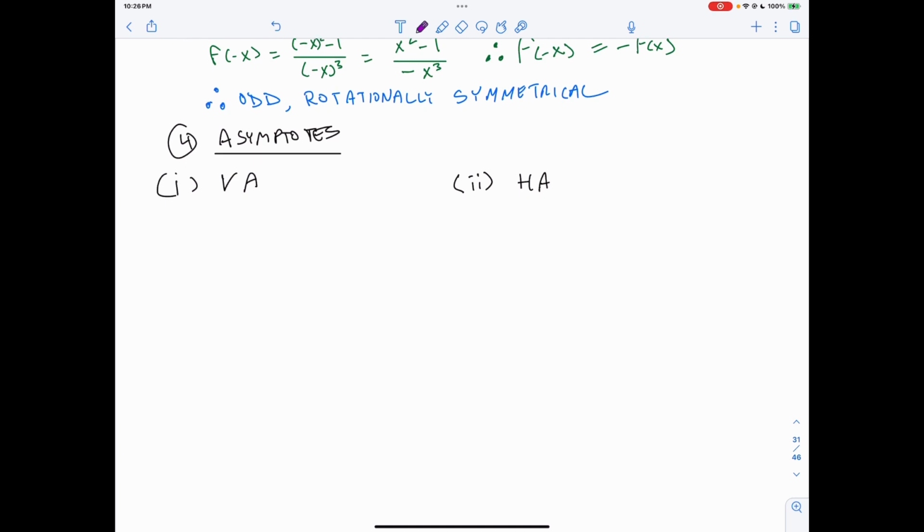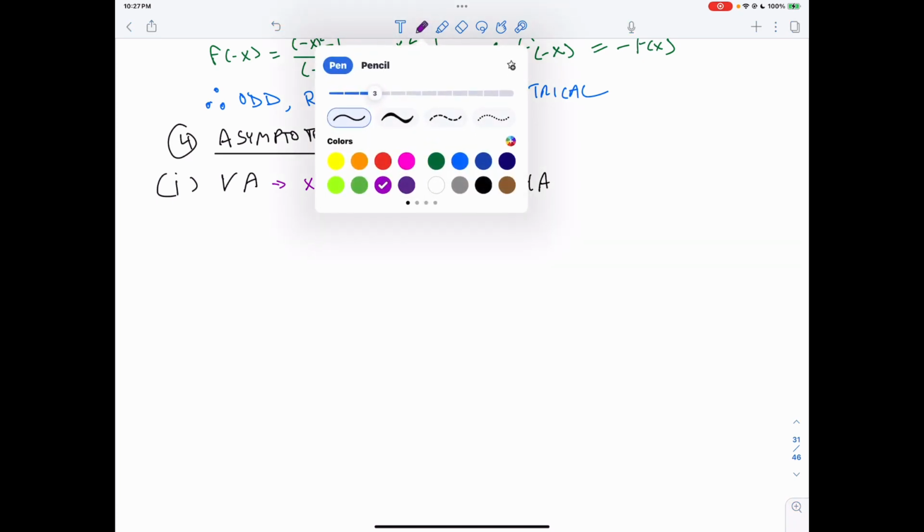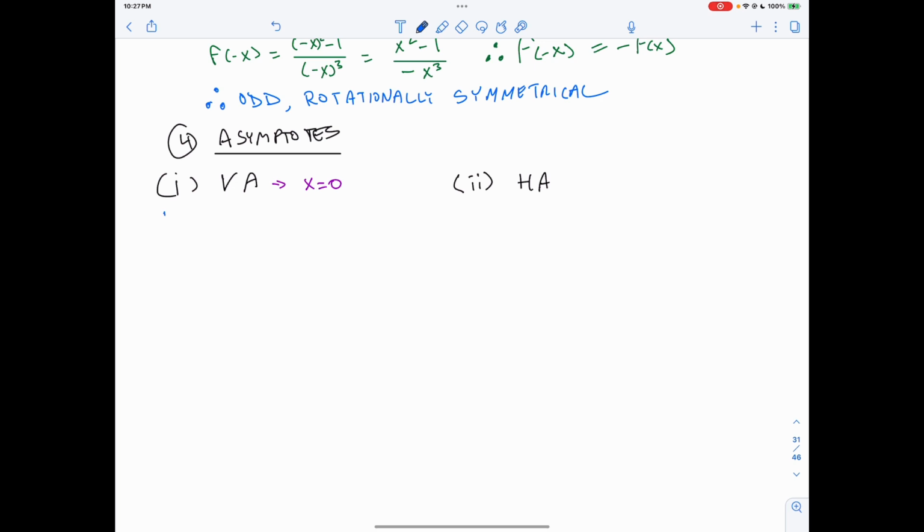The vertical asymptote, in this case, from the domain, was when x was equal to 0. So what's happening when x is equal to 0?